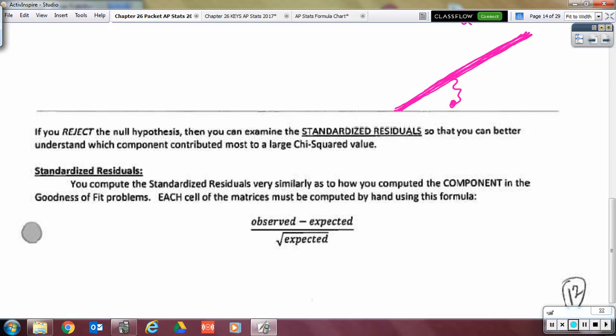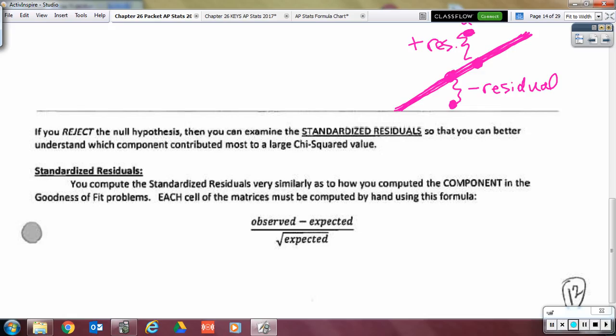It's this distance here. Is this a positive or a negative residual? It's a negative residual. So if your observed is below what was expected, you have a negative residual. And if your observed is above what's expected, you have a positive residual. Okay, so keep that, a little residual refresher.